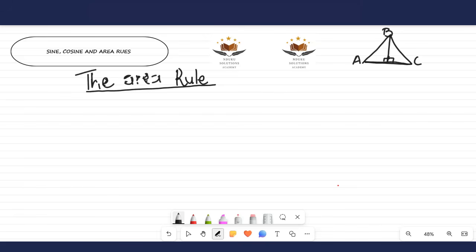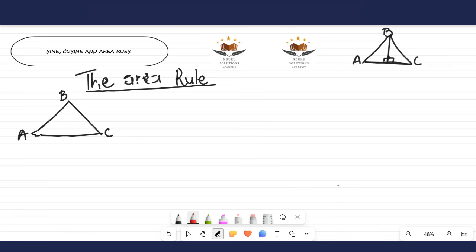But let's say you are given a triangle, this is your triangle, and you don't have a perpendicular height, but you have an angle. You can use those angles.